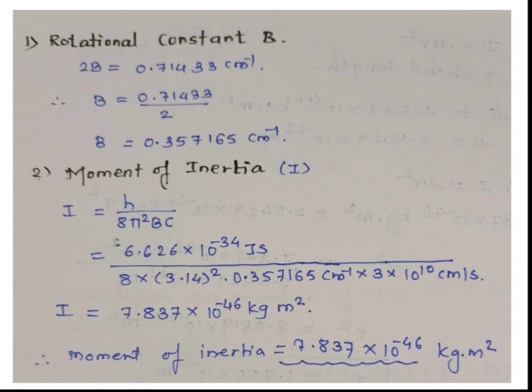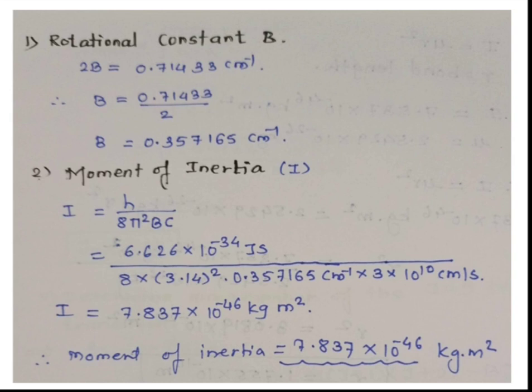So the pi value is 3.14. Then B is the rotational constant which we have calculated here, and C is the velocity of light whose value is 2.999 into 10 raised to 10 centimeter per second. So instead of that I have taken directly 3 into 10 raised to 10 centimeter per second.